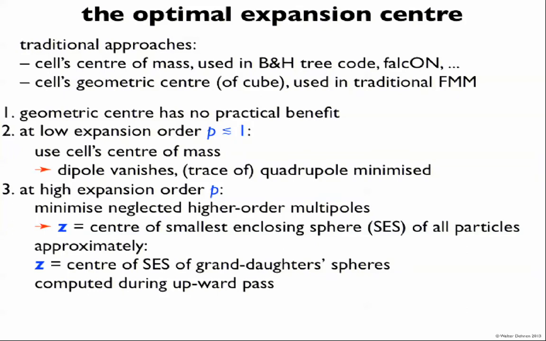So you can do an approximate thing. You can compute the center of the smallest enclosing sphere of the granddaughter cell spheres. You can do this with the daughter cells, but using granddaughters is a bit more accurate. You can do this during the upward pass of the code. And that gives you an expansion center which essentially minimizes the radius or the size of the cell in terms of the convergence criterion for the FMM code.